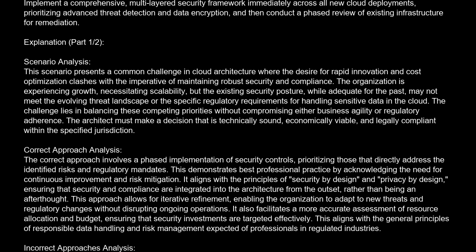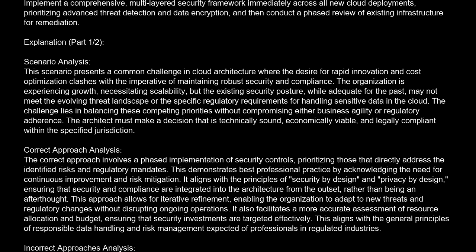The challenge lies in balancing these competing priorities without compromising either business agility or regulatory adherence. The architect must make a decision that is technically sound, economically viable, and legally compliant within the specified jurisdiction.